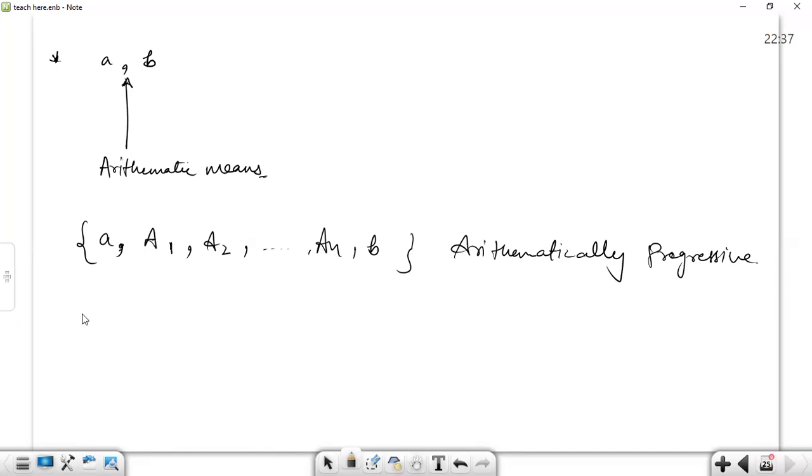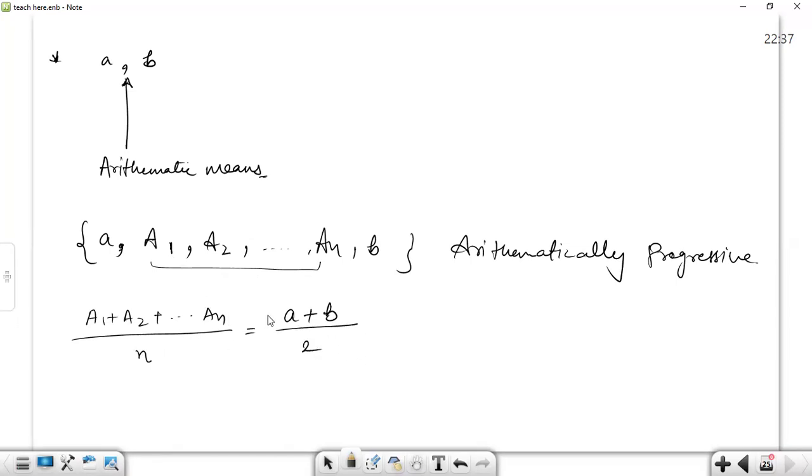Those conditions are about the arithmetic mean of all the inserted numbers. How can we find the arithmetic mean of all the inserted arithmetic means? By summing them and dividing by the number of terms, and this arithmetic mean has to be equal to the arithmetic mean of these two numbers.